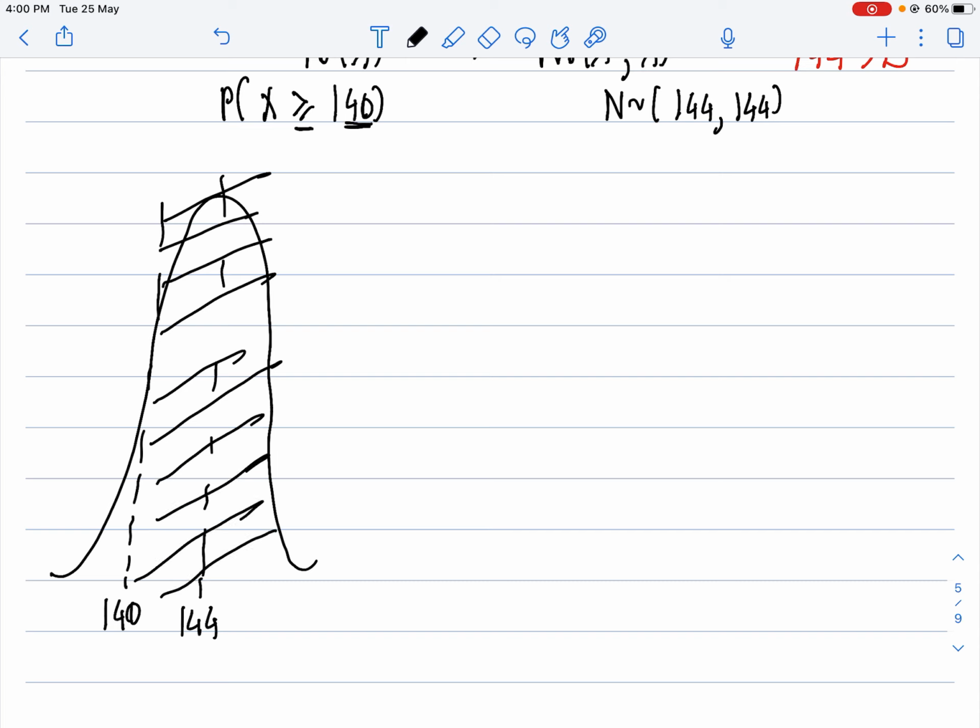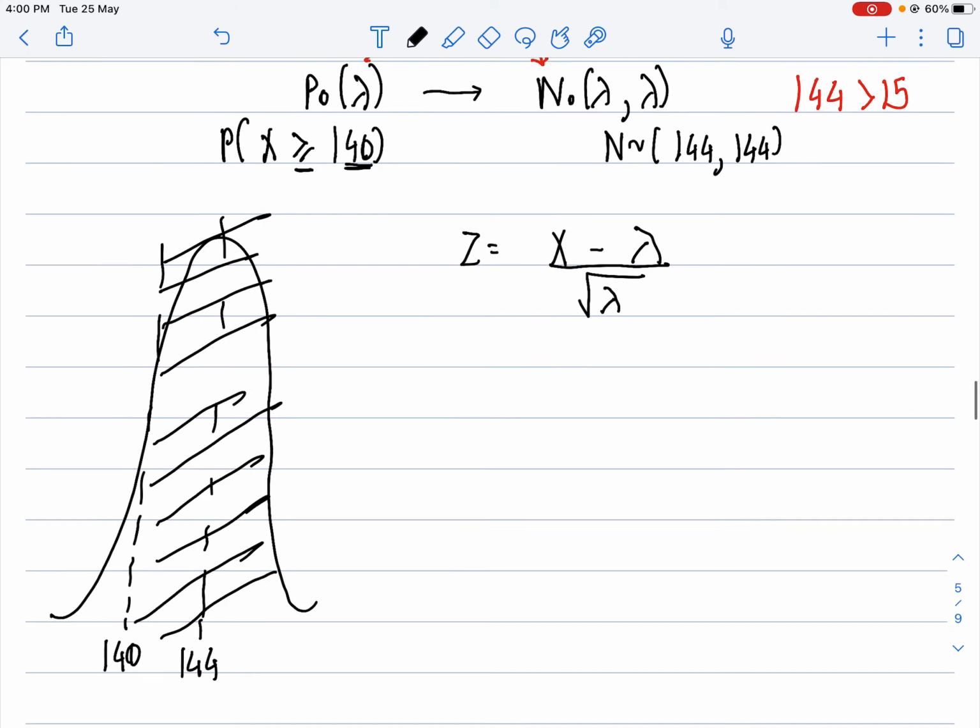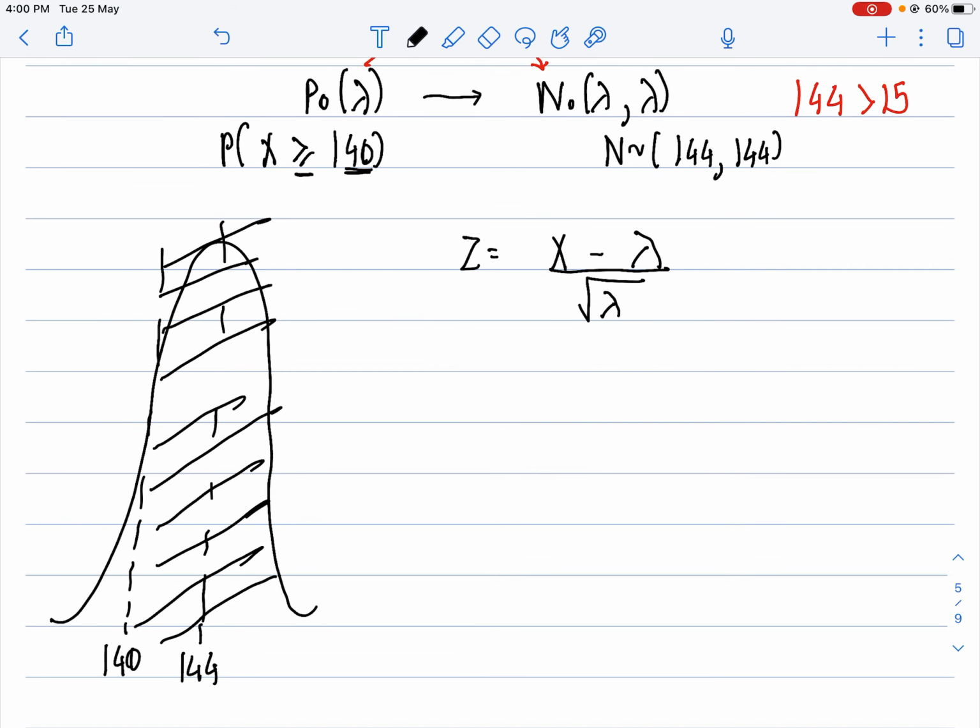Now I know my formula is z equals the value minus the mean, which is lambda, over the square root of the variance, because standard deviation is the square root of variance and my variance here is lambda. But what will your value be? Will it be 140?